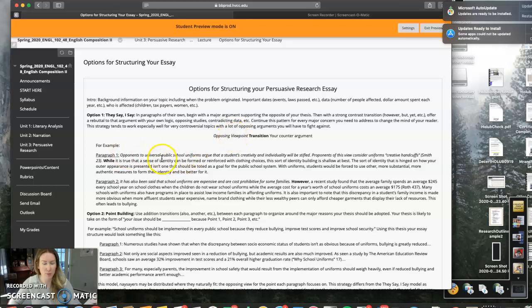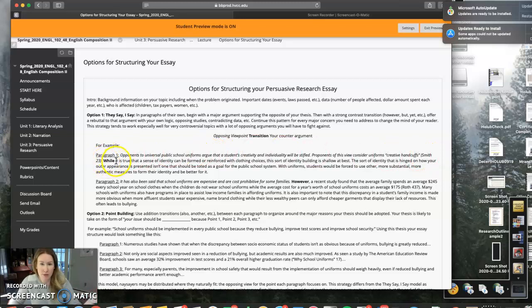So look at paragraph 1 here in italics. Again, this is the opposing viewpoint. So opponents to universal public school uniforms argue that a student's creativity and individuality will be stifled. Proponents of this view consider uniforms, quote, creative handcuffs. So that's a nice way to kind of embed what someone has said that you've researched that brought up this opposing viewpoint. There's in-text citation there.